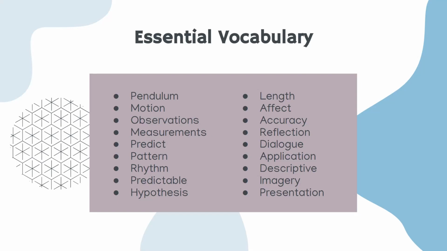These are some of the vocabulary words that will be needed for this assignment: pendulum, motion, observations, measurements, predict, pattern, rhythm, predictable, hypothesis, length, effect, accuracy, reflection, dialogue, application, descriptive, imagery, and presentation.